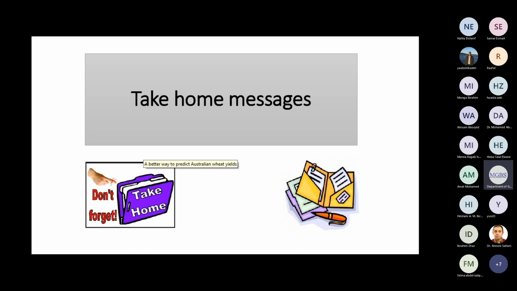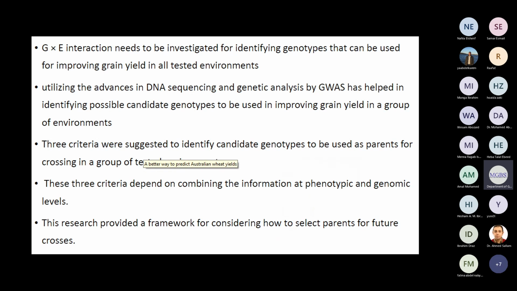To come to the conclusion: genotype by environment interaction needs to be investigated for identifying genotypes that can be used for improving green yield in all tested environments. Utilizing the advances in DNA sequencing and genetic analysis, genome-wide association mapping has helped in identifying possible candidate genotypes to be used in improving green yield in a group of environments. Three criteria were suggested to identify candidate genotypes to be used as parents for crossing in a group of target traits.